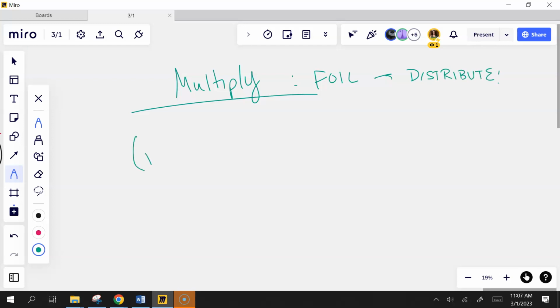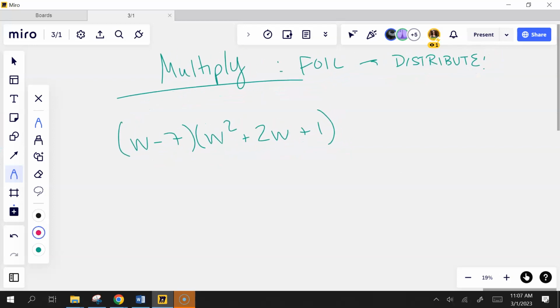If I have something like w minus 7 times w squared plus 2w plus 1, instead of thinking FOIL, I'm going to take every term from this first parentheses and bop it to every term in the second parentheses. I'm going to start with w, and it's going to distribute through to everything here.